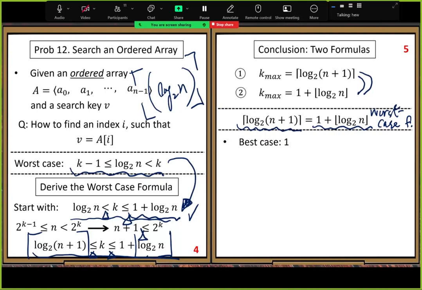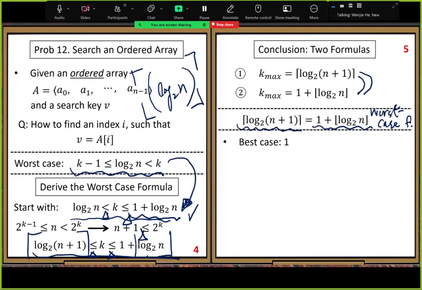Given N, the number of elements of an ordered array to do the binary search, what is the worst case number of comparisons to find an element in the ordered array using the binary search? And ask them if they can give you the correct answer. You can do an experiment like that.